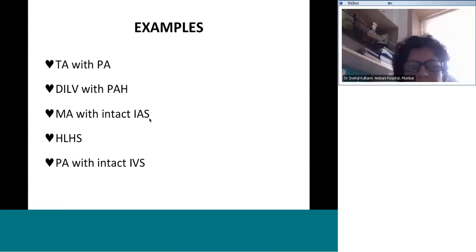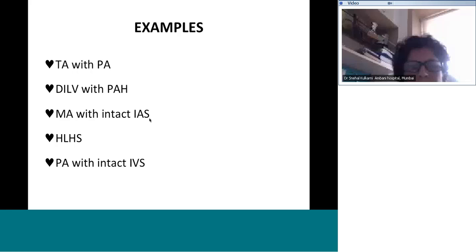So in this situation, doing a wide atrial septectomy is very important, because we know in mitral atresia with a nearly intact interatrial septum, your pulmonary venous pressures are going to be very high. So in addition to reduction in the pulmonary blood flow, it's very important to have a very wide interatrial mixing.